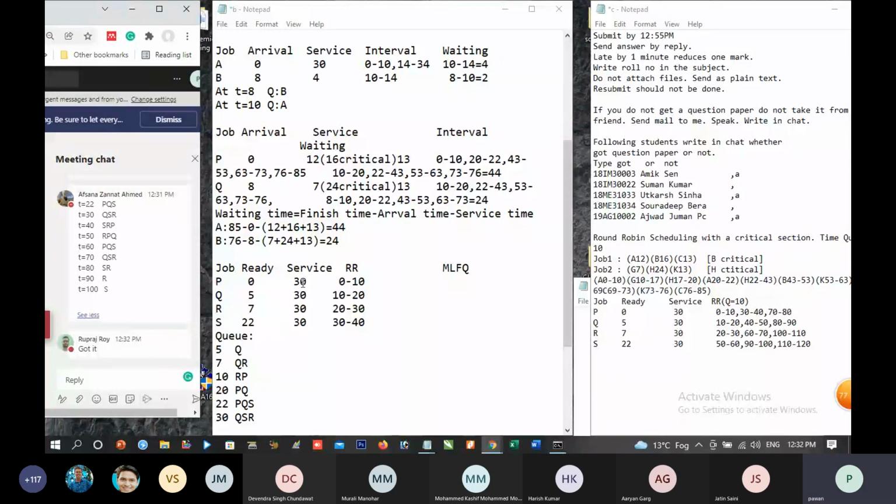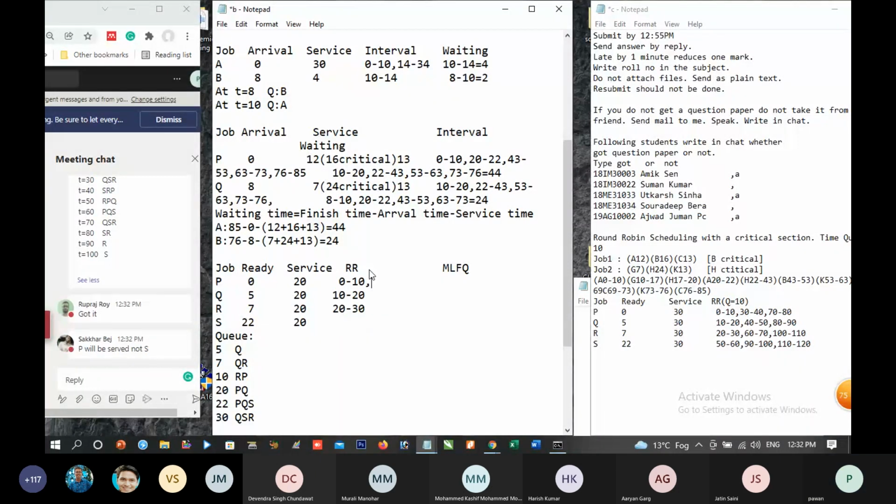Let us reduce their service times. Now, PS will not be served from 30 to 40. Rather, 30 to 40, P will be served. Is it correct? Then Q is in the queue. So 40 to 50, Q will be served. Then 50 to 60, this will be served.